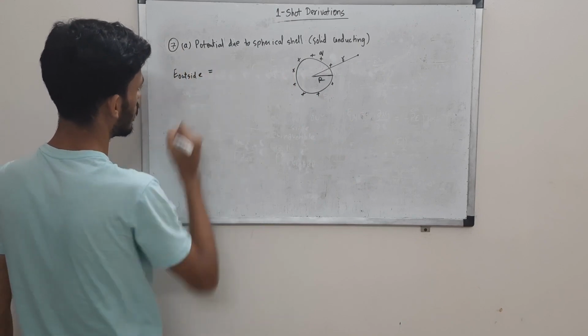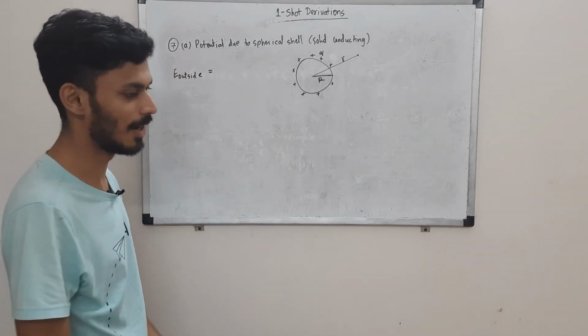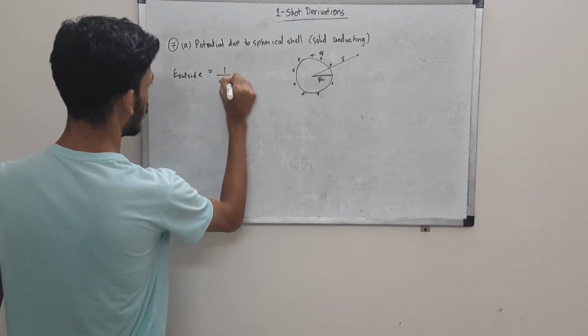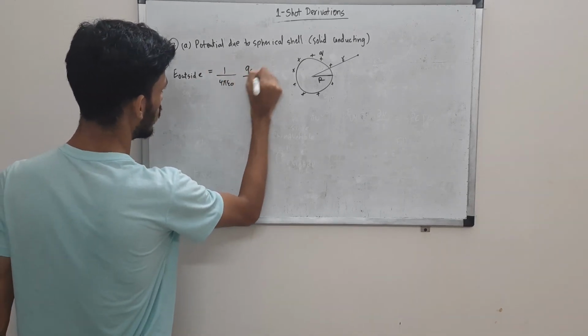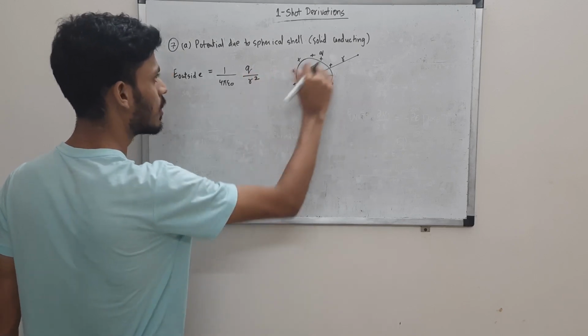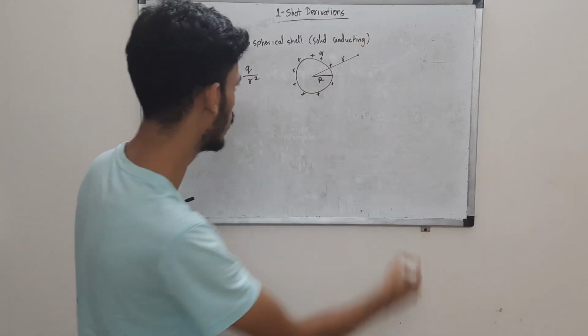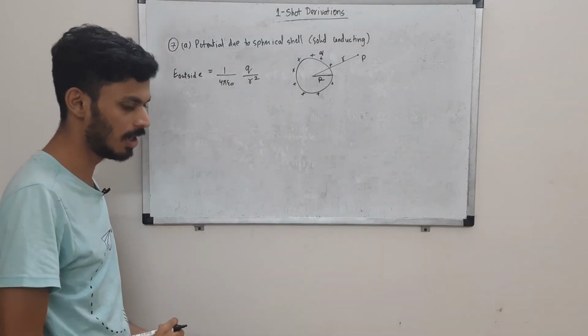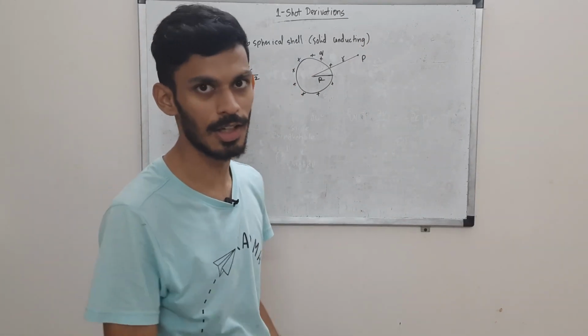It is the same as that of a point charge, so it is kq by r square, where q is the charge on the shell and r is the distance of the point P outside the sphere. So this is the electric field outside your spherical shell.